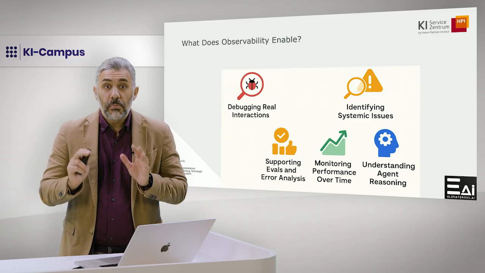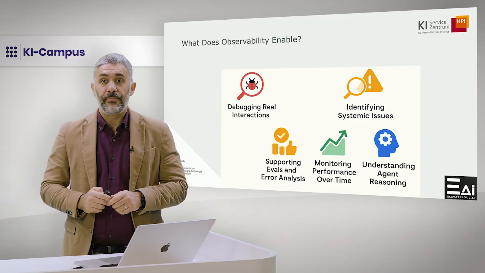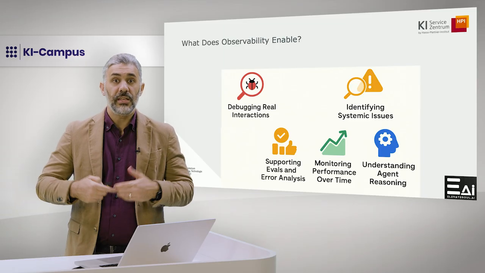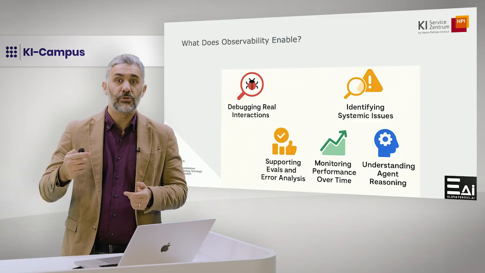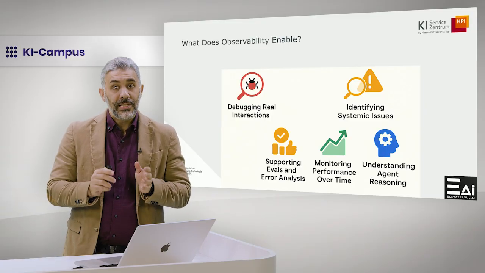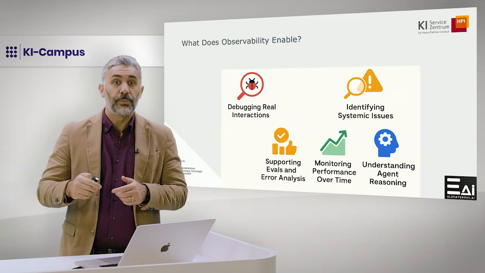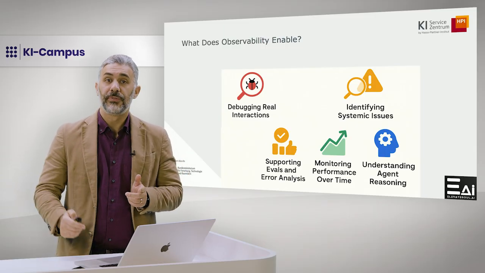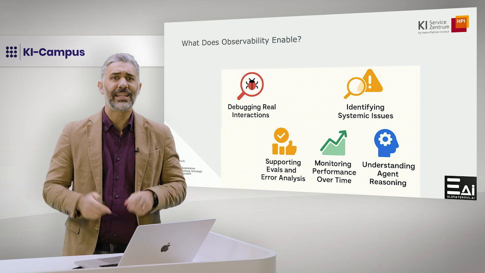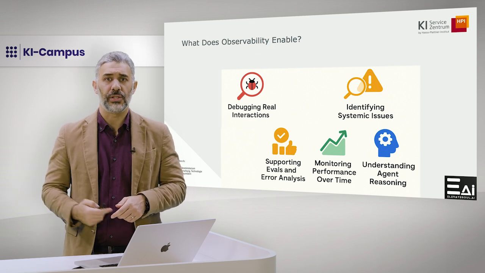And the next one is monitoring performance over time. As your system evolves, observability lets you track drift, detect regressions, and verify whether model or prompt changes actually improve things. And the last one is understanding agent reasoning.